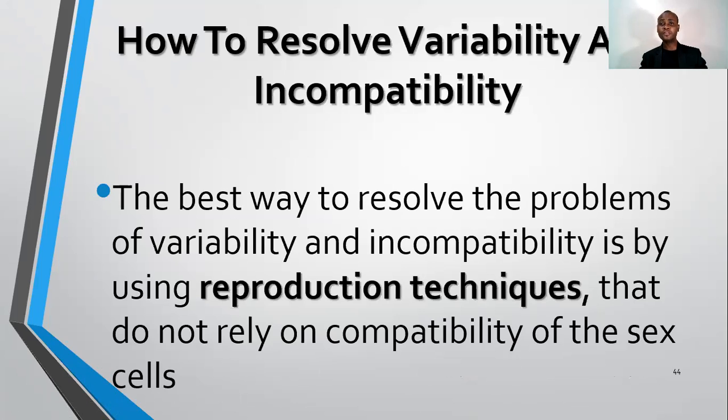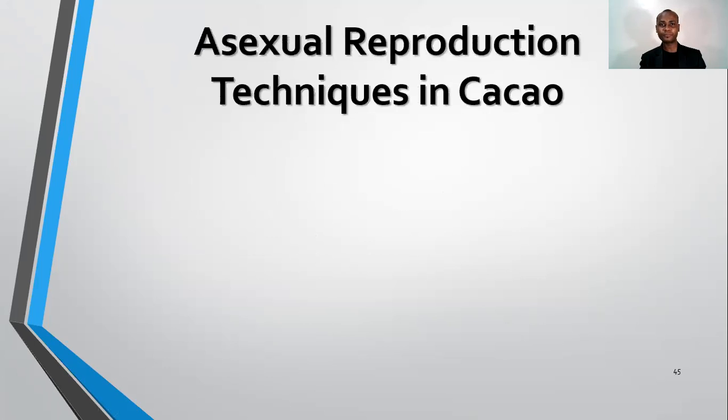There are so many propagation techniques that can be used, aside from depending on seeds. You can use grafting, budding, layering, and so on. And even tissue culture, that's more advanced. You might not be able to do that, but at least you can use grafting and budding, which is really good, or even layering.